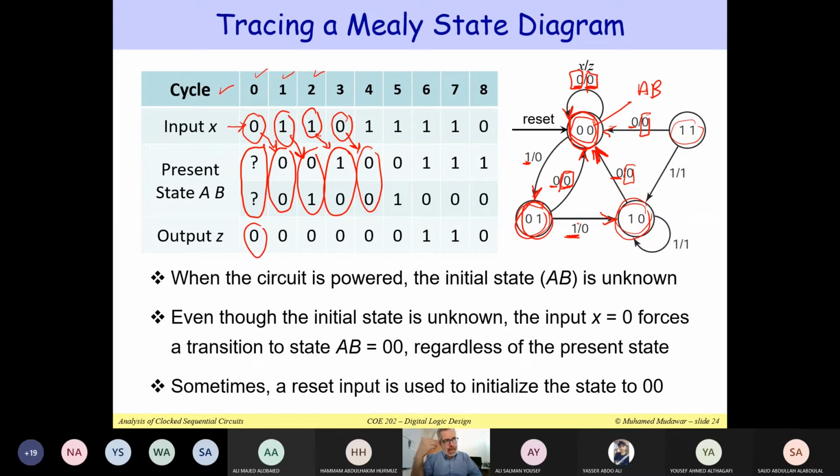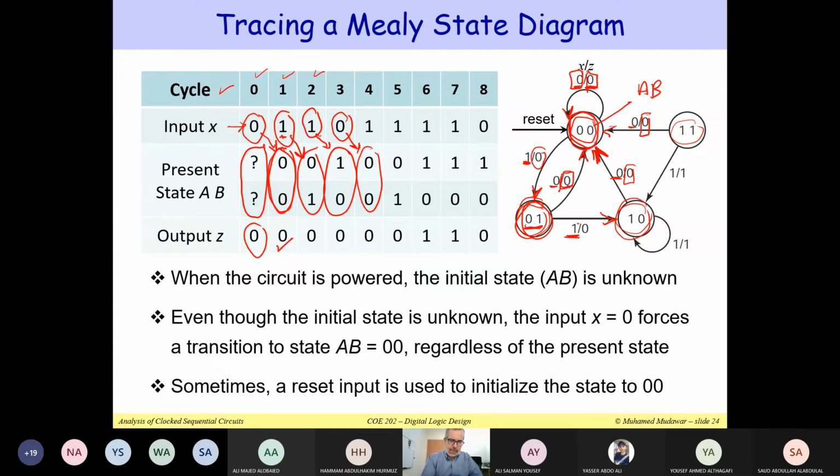But really, the output depends on the state and the input, because this is a Mealy state diagram. So if you are in state 0, 0, and the input x is equal to 1, the output is 0.